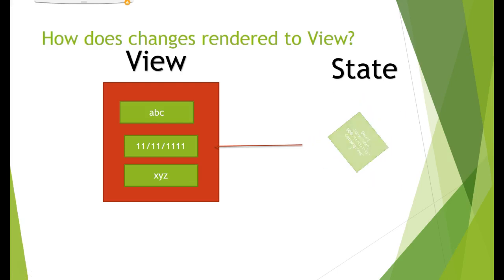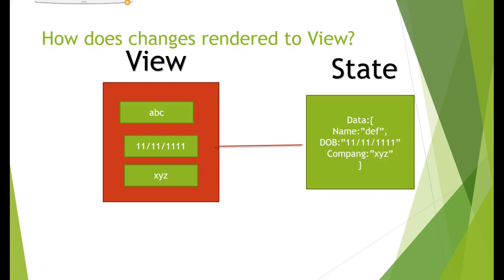For example, if the name has changed from ABC to DEF, React is reactive to state changes, so whenever the state changes, it re-renders the view. If you see it closely, you will see that in the view only the ABC component got removed and replaced with the DEF component. That is only the name component changed, and the overall view did not get re-rendered as a complete page. This is happening because of the virtual DOM in React, which we will be seeing shortly.